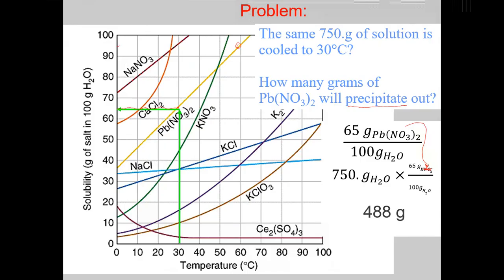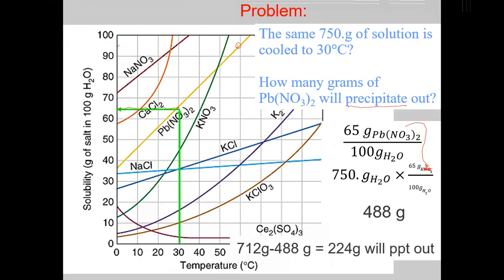However, that means at the higher temperature, I had 712 grams of lead nitrate, and then at a cooler temperature, 488 grams of lead nitrate.